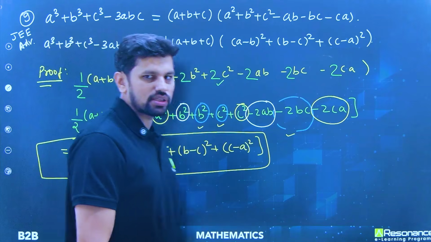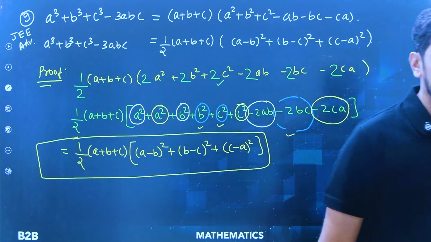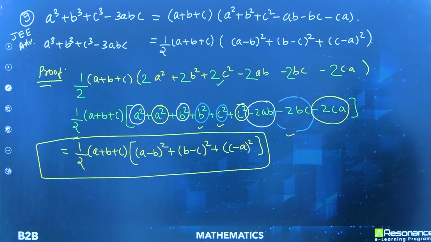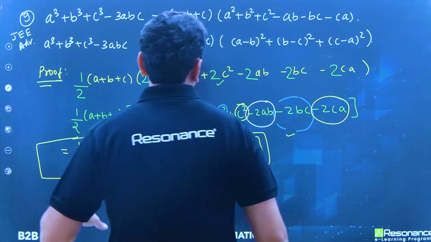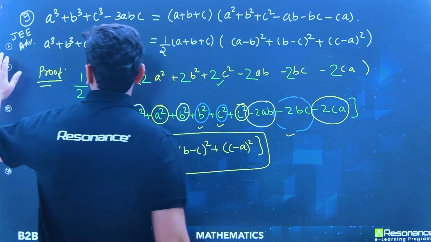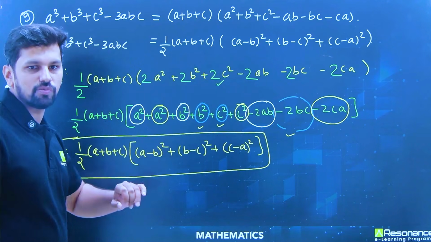So this is the formula for a³ + b³ + c³ − 3abc. Why are we doing this derivation? Let's move on to that part.